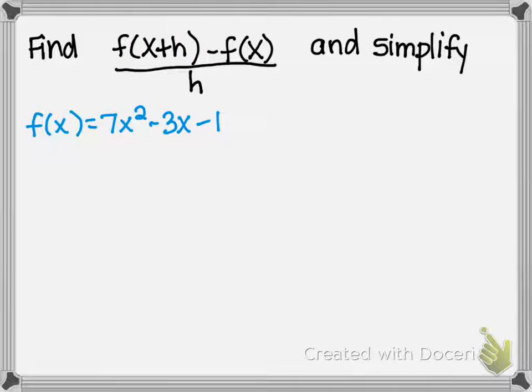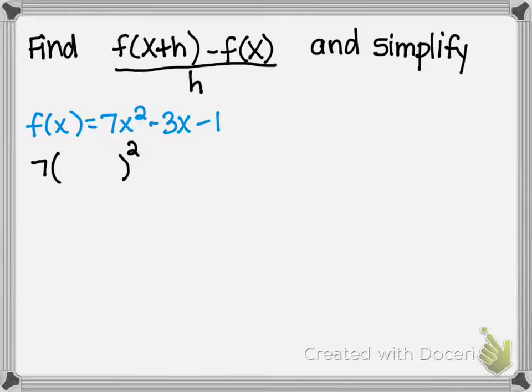Alright, so for the next one, I have the same process, the difference quotient, and we have 7x squared minus 3x minus 1. So we're going to do the same thing. We're going to plug in our x plus h into all of my pieces that it applies to. So I have 7, and then I have x squared.